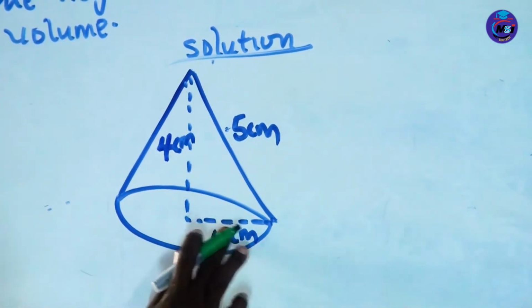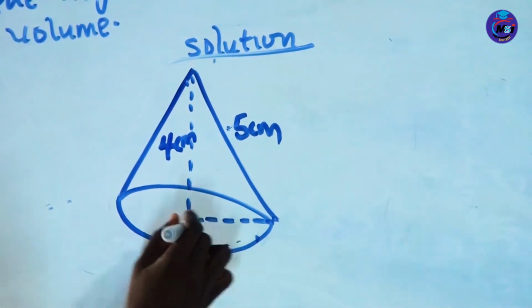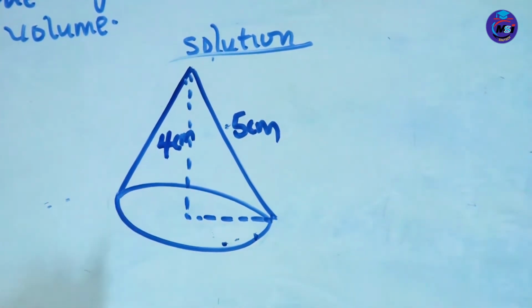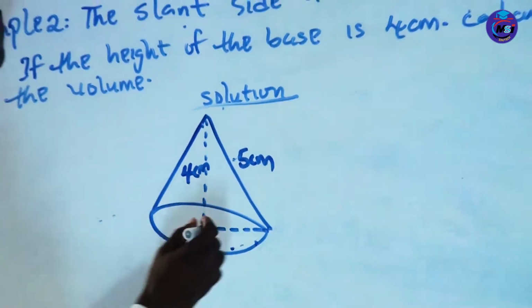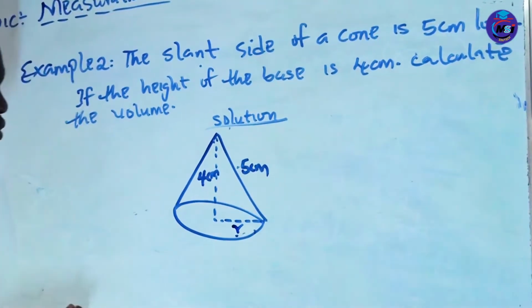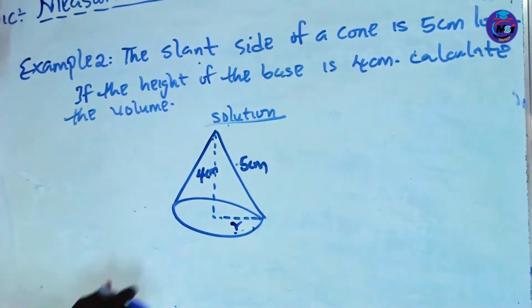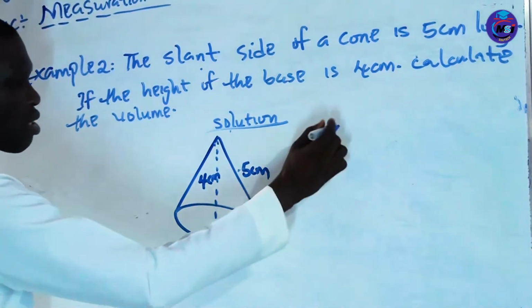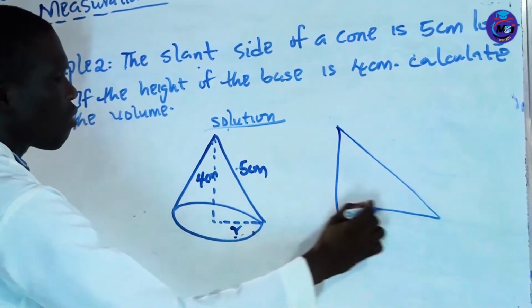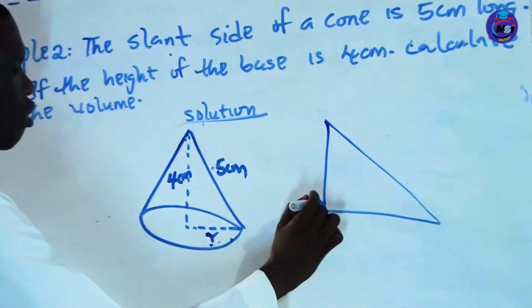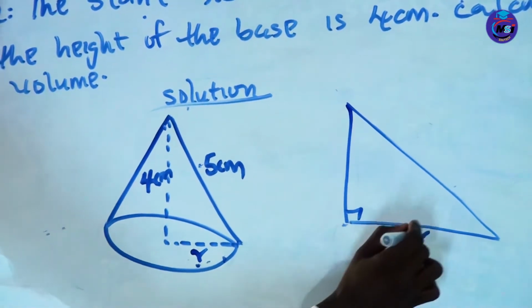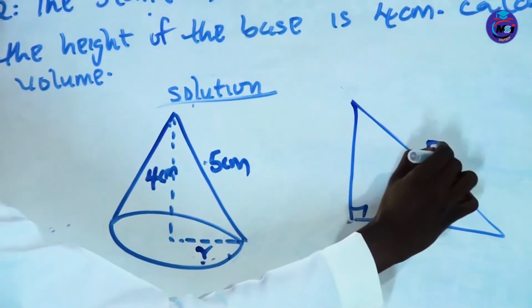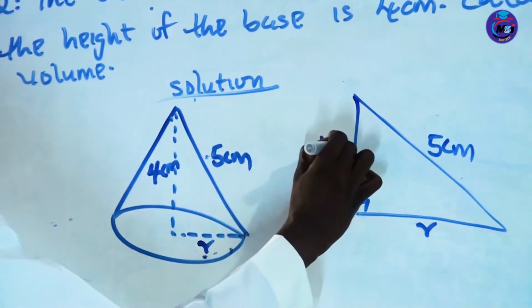Okay, sorry. So this is radius, and radius is what we are looking for now. Now, looking at this question, if you pick this out, you are going to have something like a right angle triangle. This will be R, 5 centimeter and 4 centimeter.